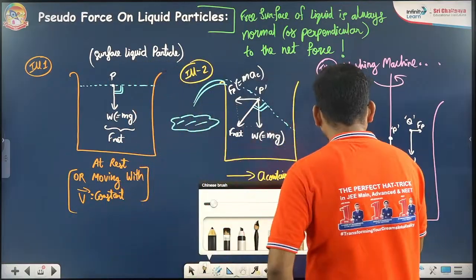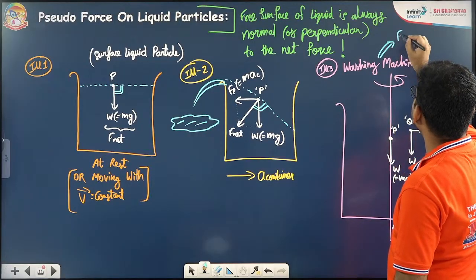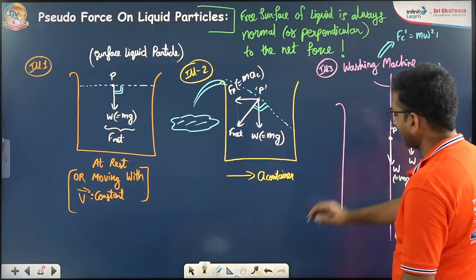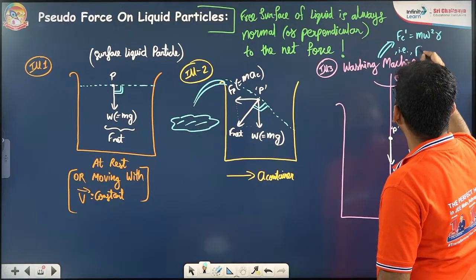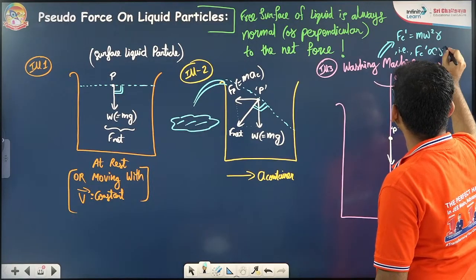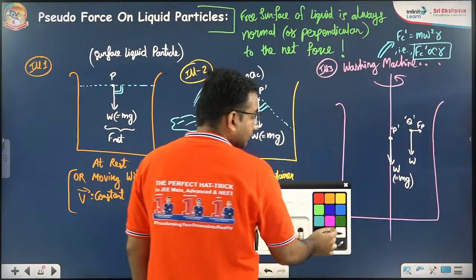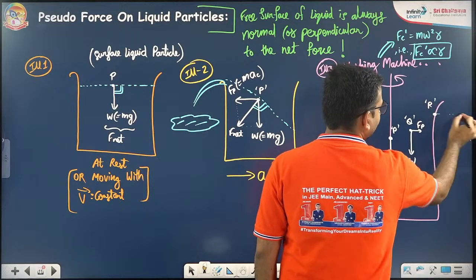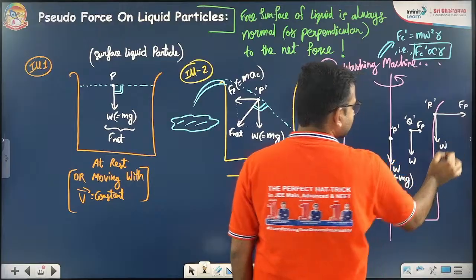If the radial distance is more, the centrifugal force is also more. So if you consider a particle at r here, you will have a big pseudo force, and W will be as it is, this much.